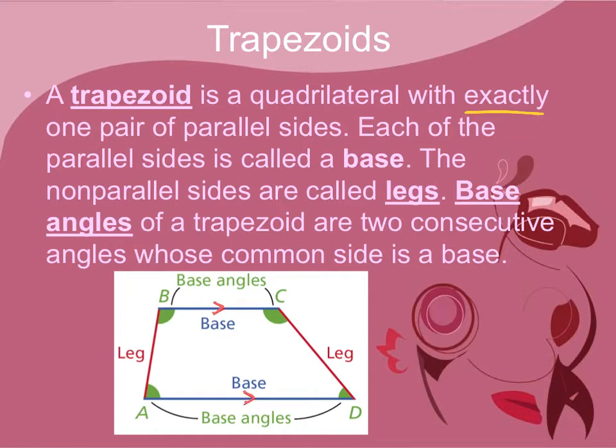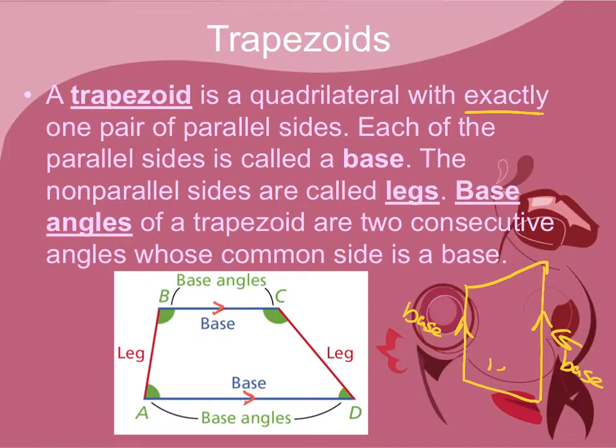Now, sometimes when you're given pictures of trapezoids, it may not be sitting on its base. So, for example, I could give you a picture of a trapezoid, and it could be sitting like this, and then it would have the parallel indicators here. This is still the base because it's got the parallel line indicators.